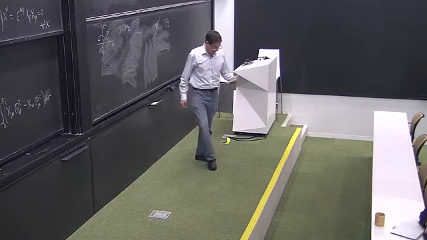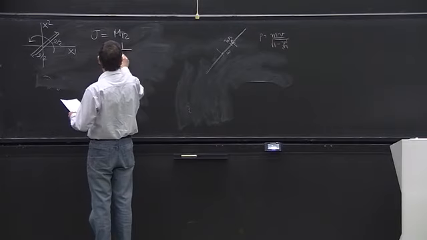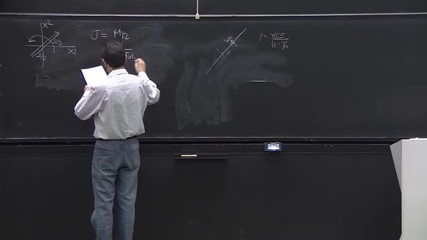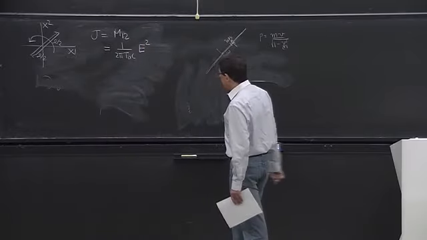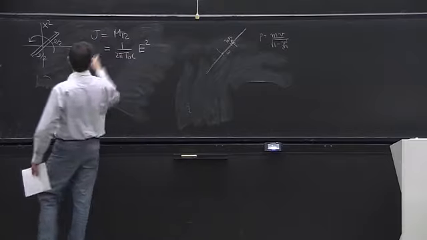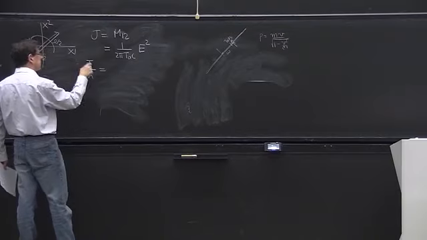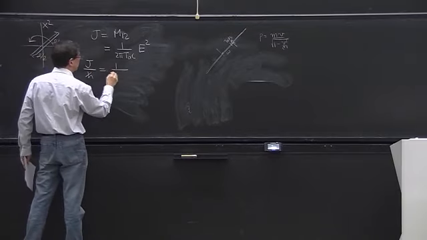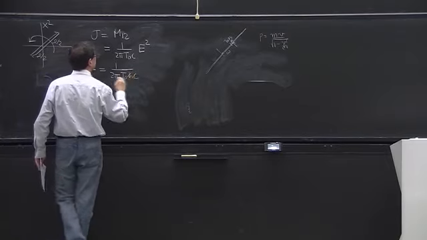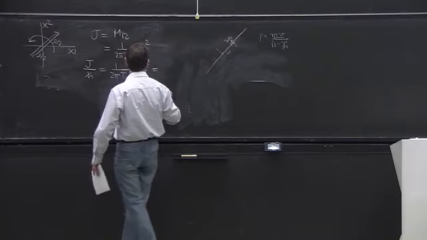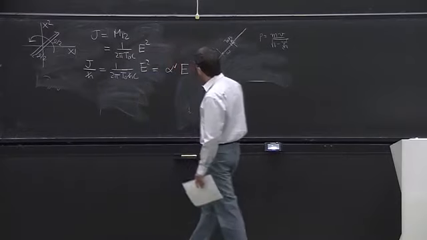In any case, the answer is quite interesting. This gives you 1 over 2 pi T naught c times the energy squared. And in order to have nice units, people divide this by h bar, because J has units of angular momentum, and it's 1 over 2 pi T0 h bar c times E squared, and this is the famous constant alpha prime of string theory.